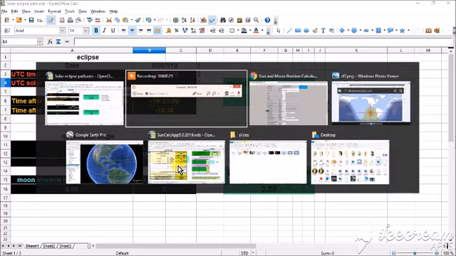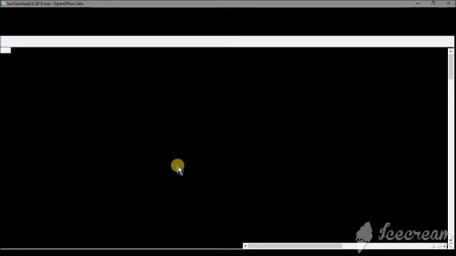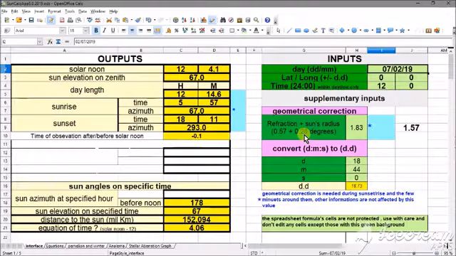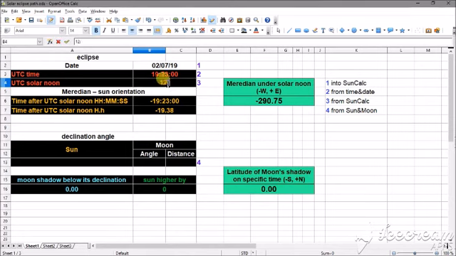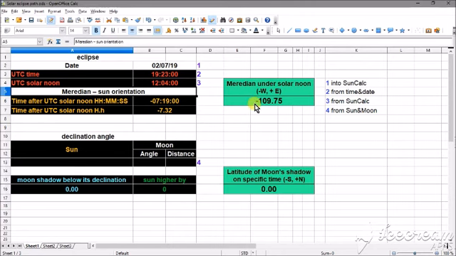I have to go to my SunCalc. Solar noon is 12:04. As you see here, we immediately get the meridian under the solar noon, which is the maximum solar noon point or longitude line.